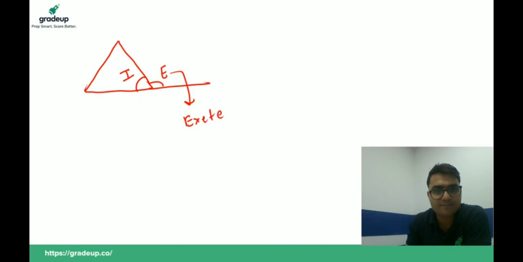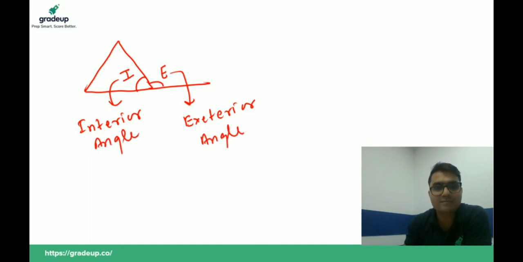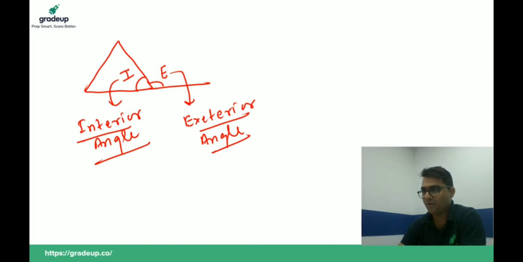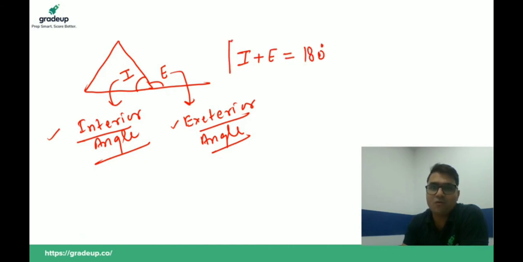If there is a polygon of 3 sides, this angle is called the interior angle, and this angle is called the exterior angle. Is it okay to all of you? Always remember one thing: interior plus exterior is always equal to 180 degrees.